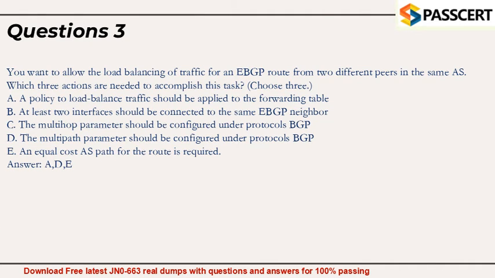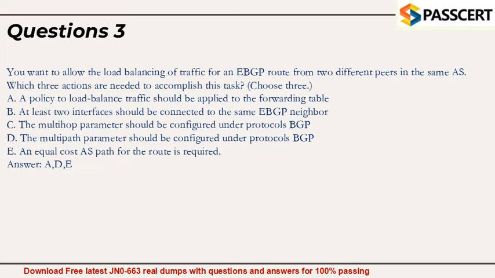Question 3. You want to allow the load balancing of traffic for an eBGP route from two different peers in the same AS. Which three actions are needed to accomplish this task? Choose 3. A. A policy to load balance traffic should be applied to the forwarding table.